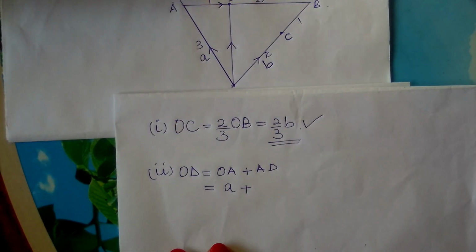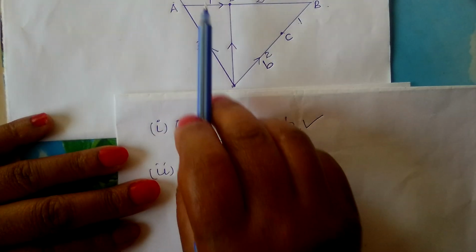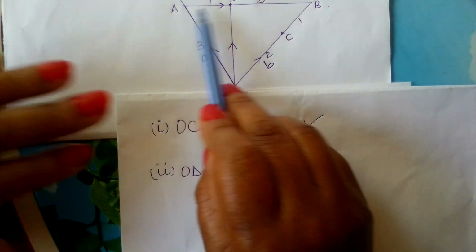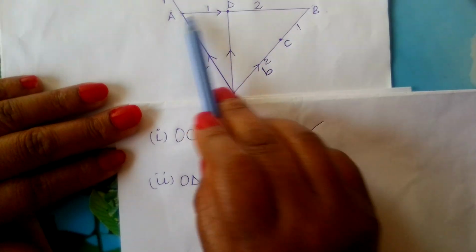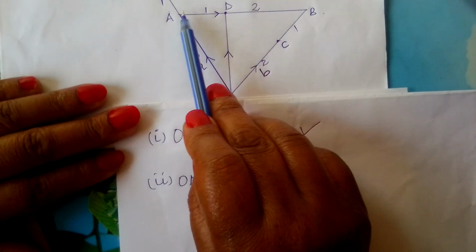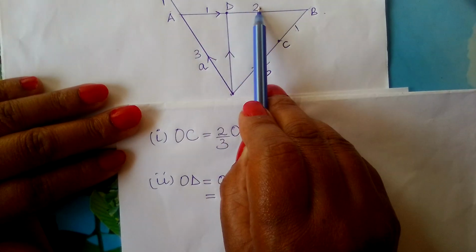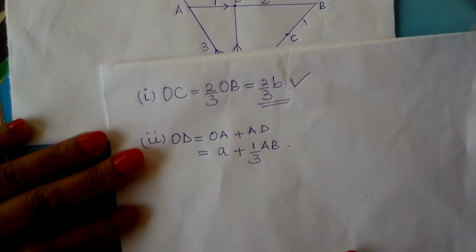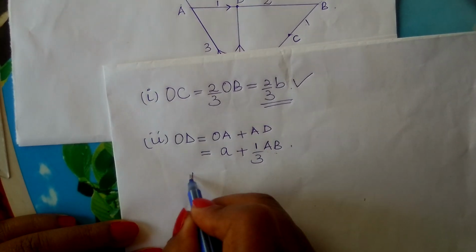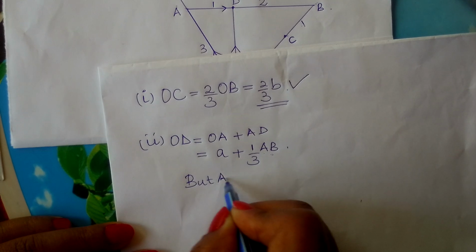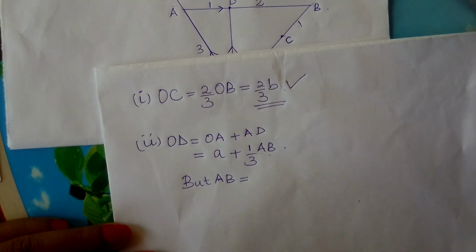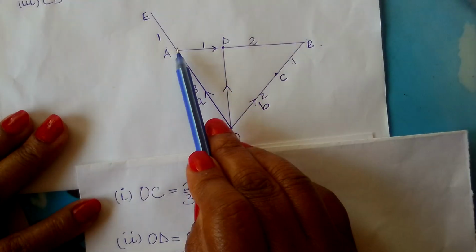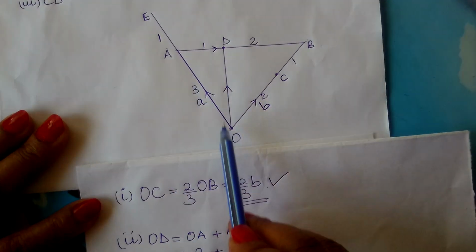AD, this one here, AD is 1 out of 3 of AB. Look at that. AD is a fraction of AB. What fraction is it? 1 out of 3. 1 plus 2 is 3. So 1 out of 3 of AB. Good. Now, what is AB, learner? Vector AB, this one here, imagine you are moving from A to B. It is the same as AO plus OB.